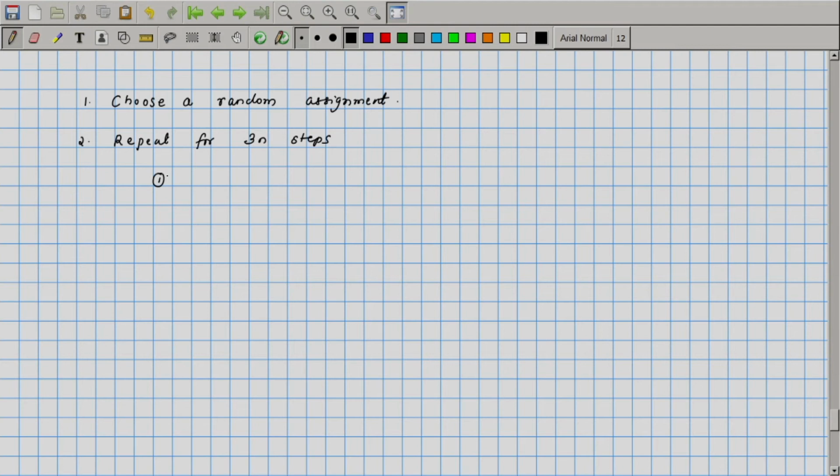Okay. So, what do we repeat? Find an unsatisfied clause and flip, and then check for satisfiability.